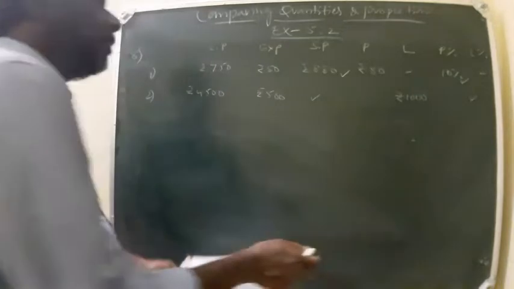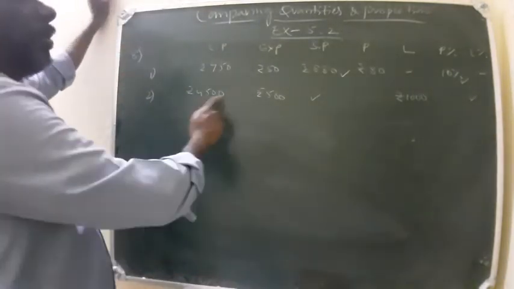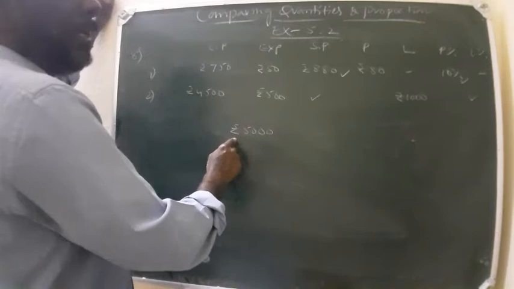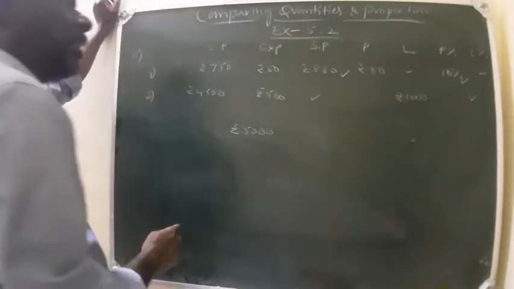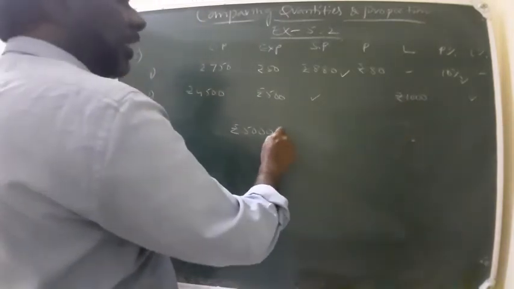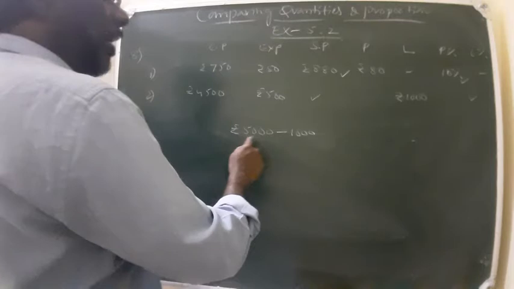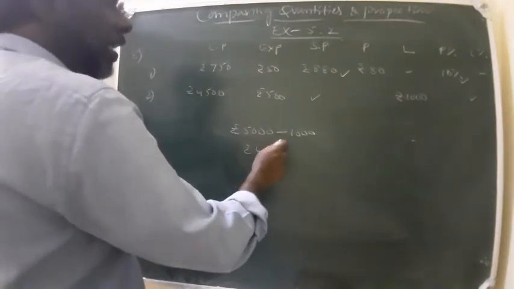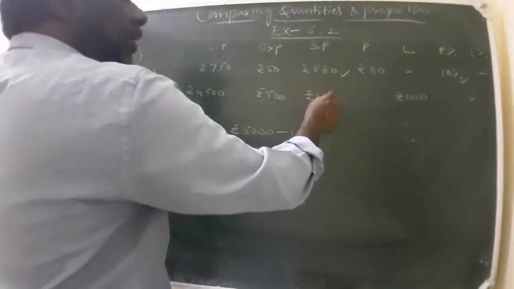Here the total cost is 4,500 plus 500, that is 5,000. This is CP. Loss means CP is more, no? So you have to subtract here: 5,000 minus 1,000 is 4,000. He sold for 4,000, that's why he got a loss.